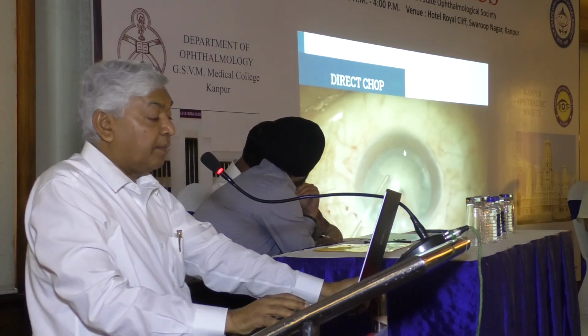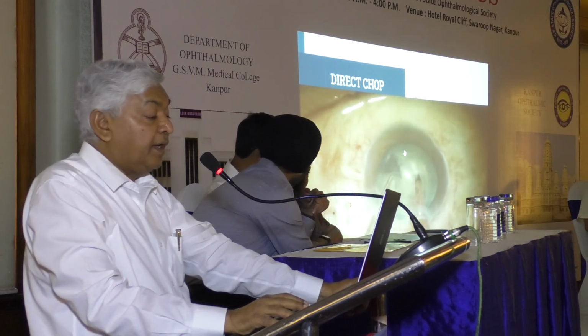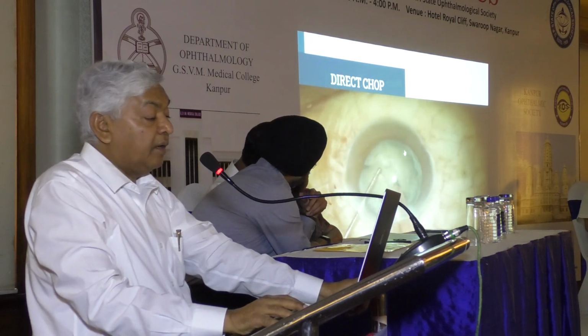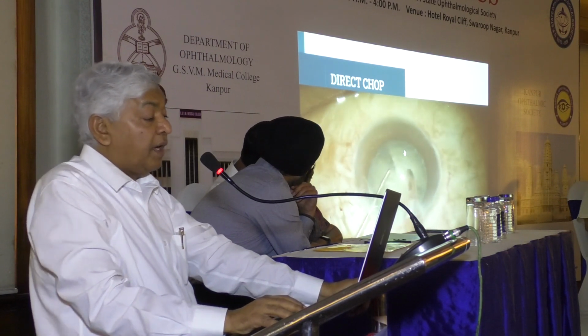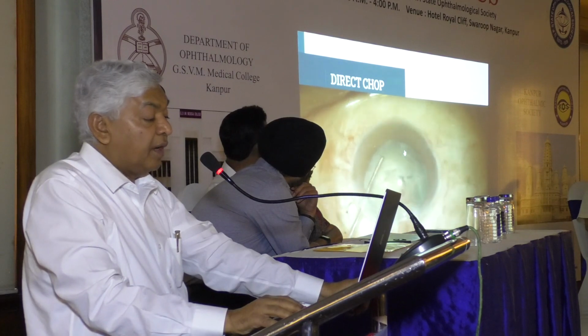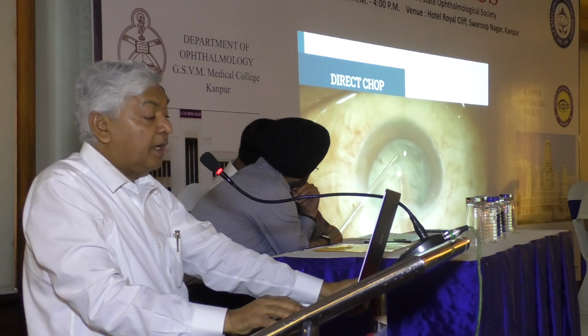This is a vertical chop, from anterior to posterior, by which you can hold it, from the center. You can also chop by horizontal chop, but this vertical is better. And sometimes you can take the reverse chop, from center to periphery, to break the nucleus.